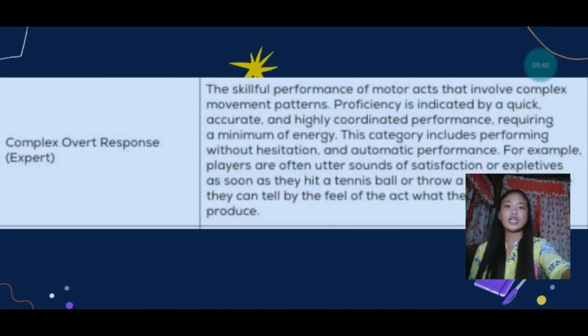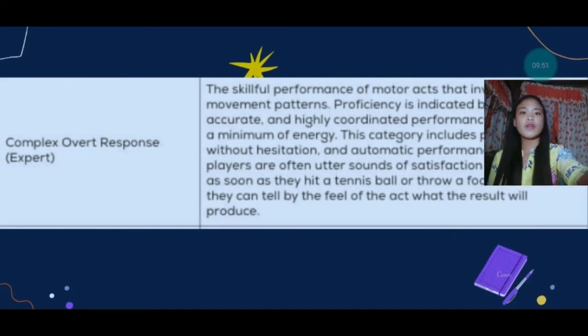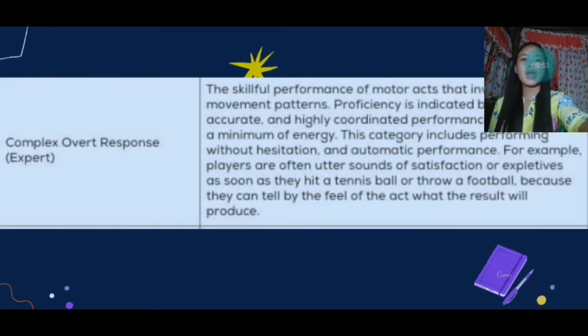This category includes performing without hesitation and automatic performance. For example, players often utter sounds of satisfaction or expletives as soon as they hit a tennis ball or throw a football, because they can tell by the feel of the act what the result will be.